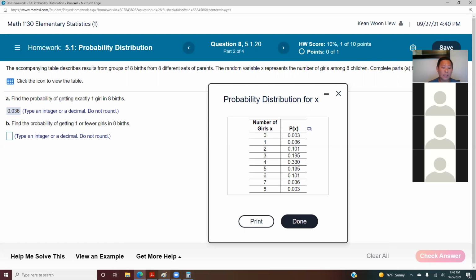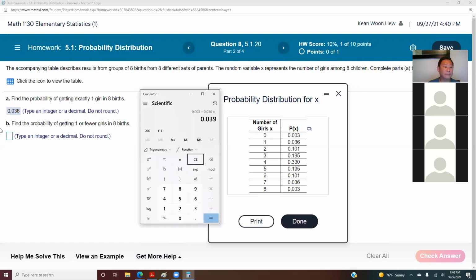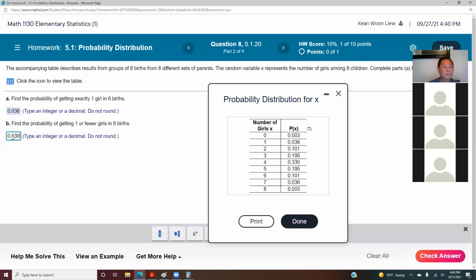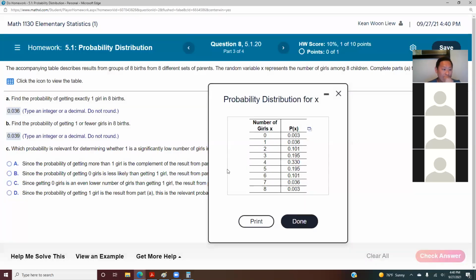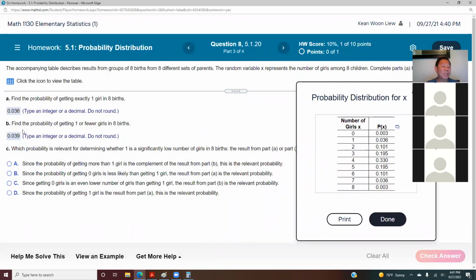So you will take 0.003, the 0, and the 0.036. So that will come up to be 0.039. Okay, so you add the first two of them.